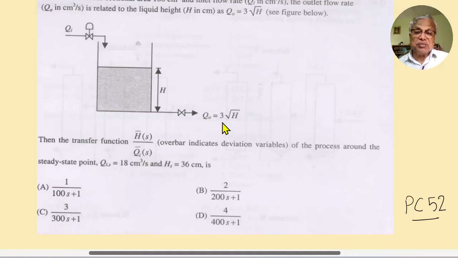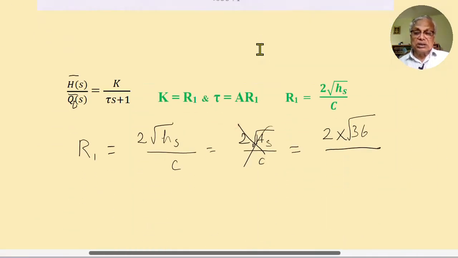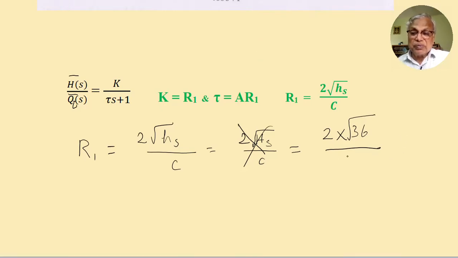Here C is 3, in C into root H. C is 3 here, the proportionality constant. So root of 36 is 6, and 2 into 6 by 3, what is the answer? Equal to 4. So R1 is 4.